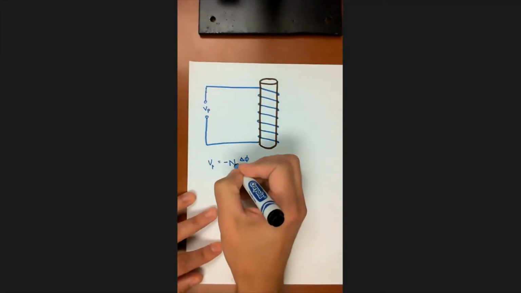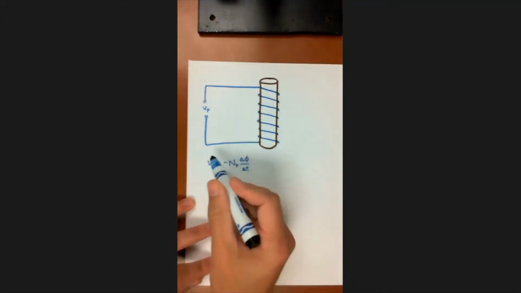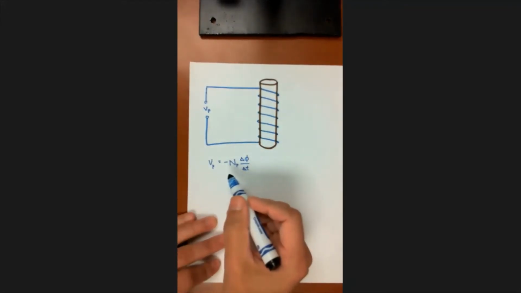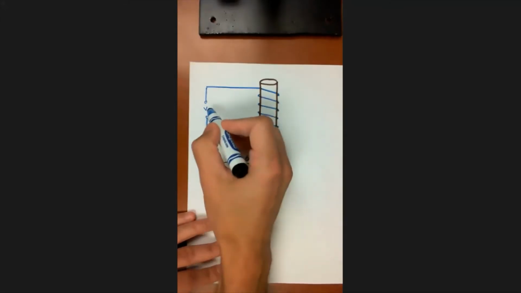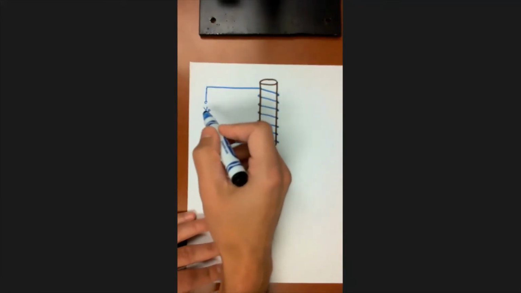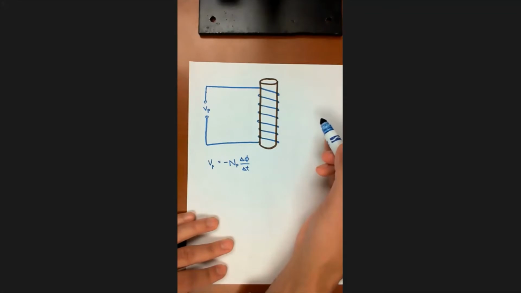Let's make this more specific. We'll say the number of turns in the primary. So let's have this equation right now be the relationship between the primary voltage that's applied right here, let's say by the generator, and we're going to want to, let's say, increase the voltage to put it on the transmission grid.